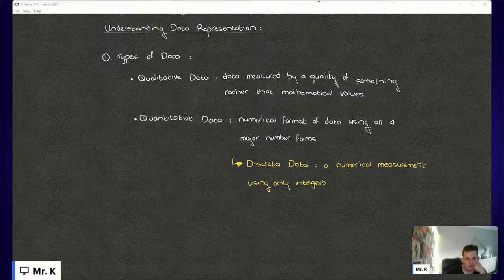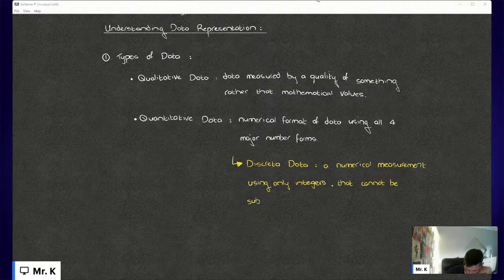Right? Using only integers that cannot be subdivided into smaller parts.